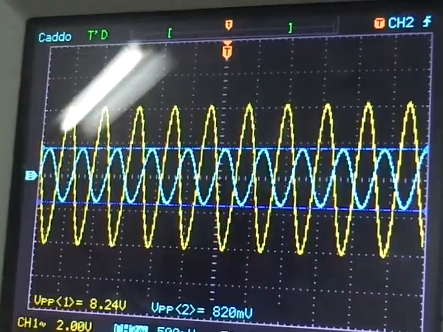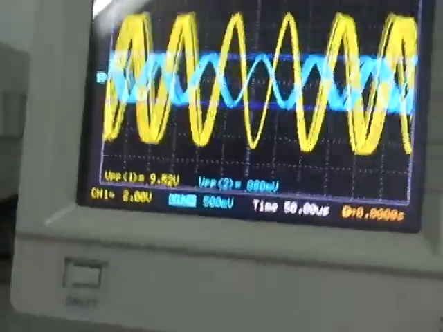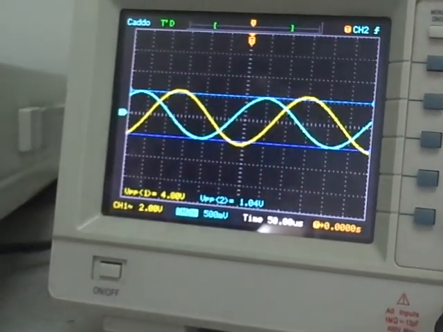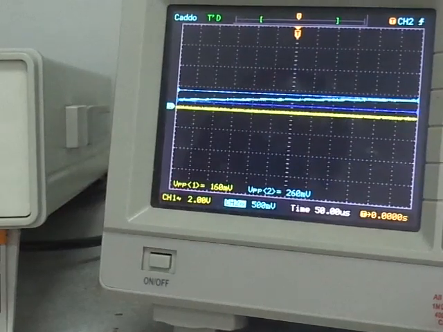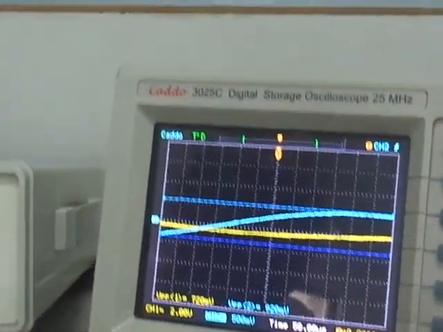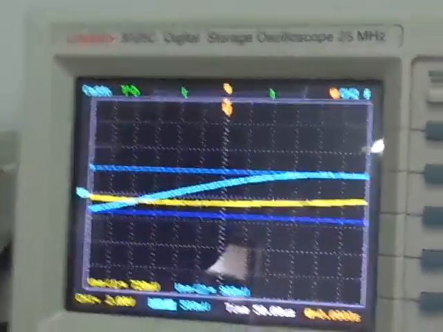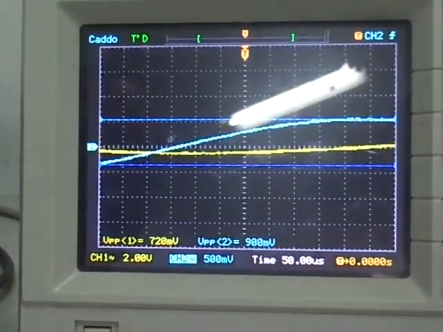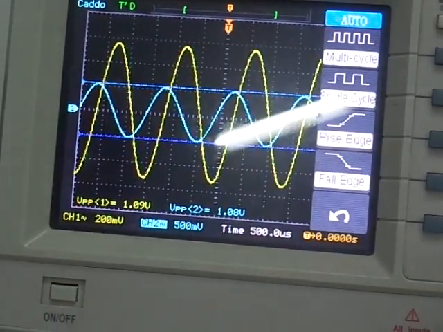Another important thing is, if you see the waveforms, there is a 90-degree phase shift between the input waveform and the output waveform.